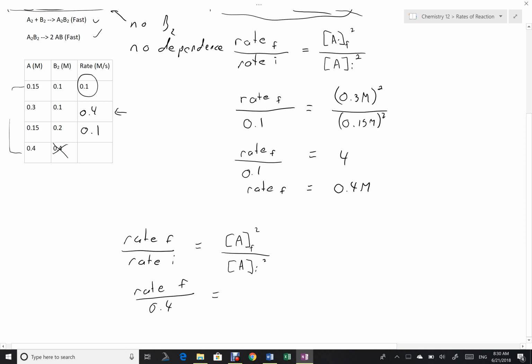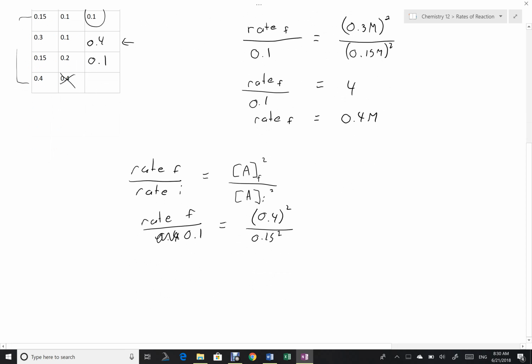Sorry, hold on. My rate in my final situation is not equal to 0.4. Sorry, my rate is rate over 0.1, my initial rate. And over here, A final, 0.4 squared divided by 0.15 squared.